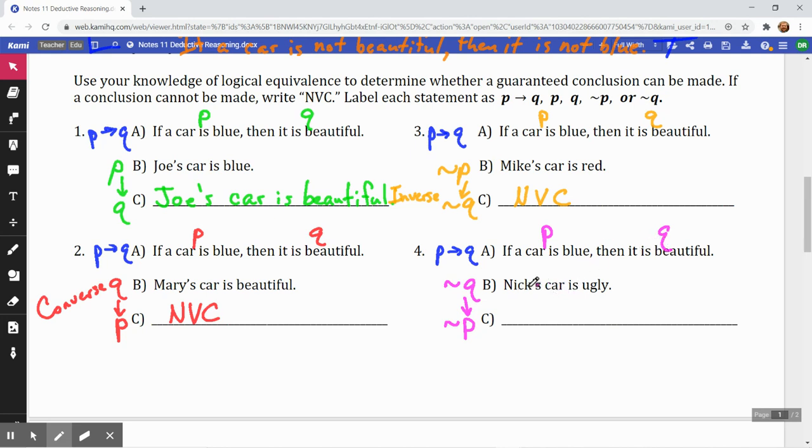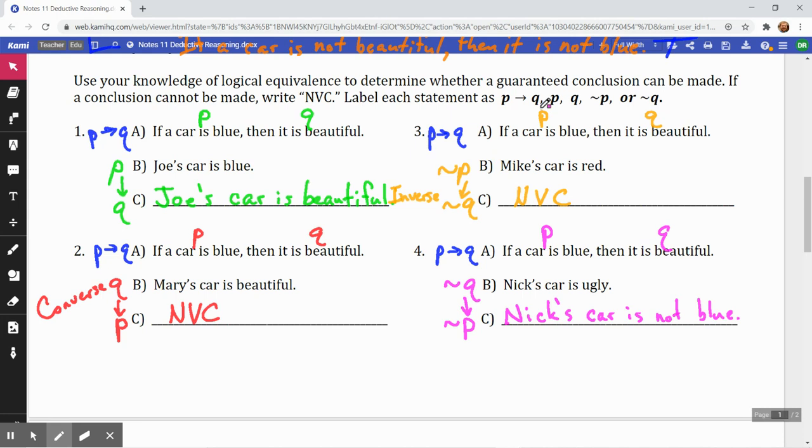So if Nick's car is ugly, is it guaranteed? Is there some kind of guaranteed claim about the color of the car? Well, in this case, I'd say yes. If we know Nick's car is ugly, then we should know that Nick's car is not blue. And that is the opposite of statement P.